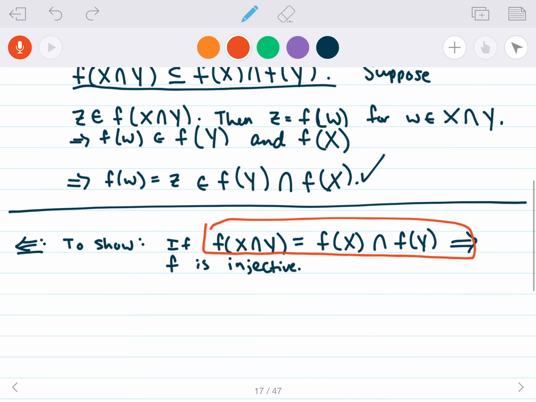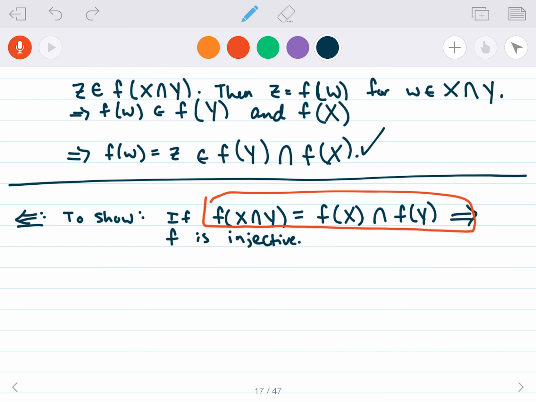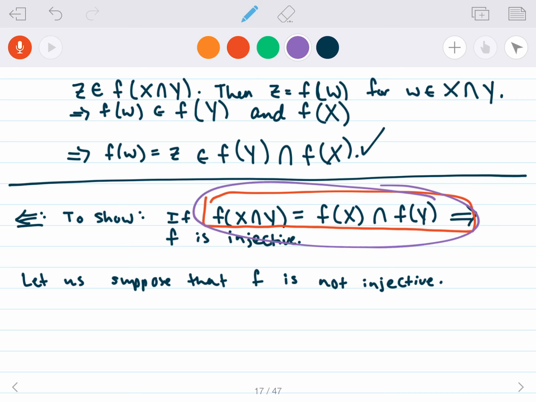And again, if you're not seeing this at first, don't worry about it. It takes time to get used to these. Okay. So let us suppose that f is not injective. We're going to try to derive a contradiction here, and the contradiction is going to come from the set equality. So what does it mean for f to not be injective?